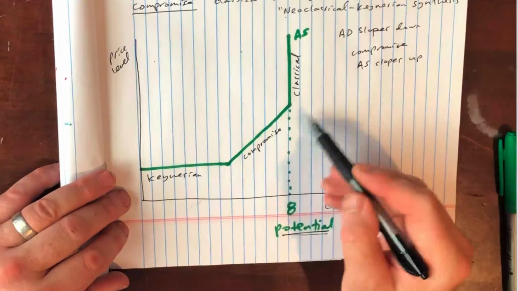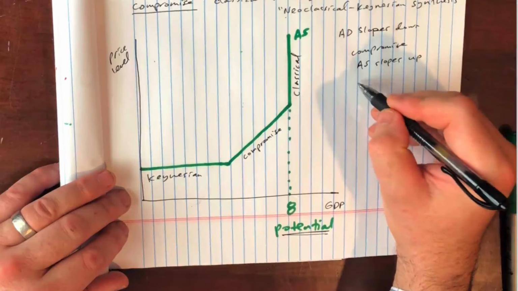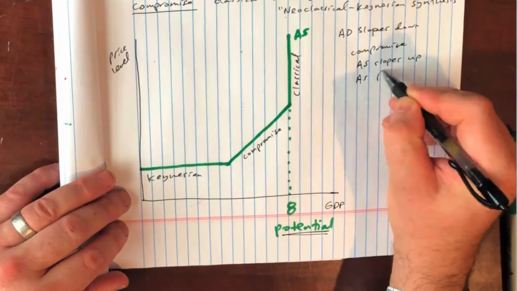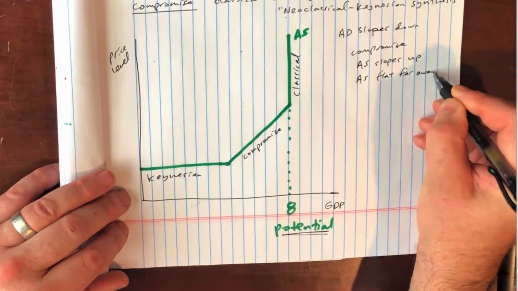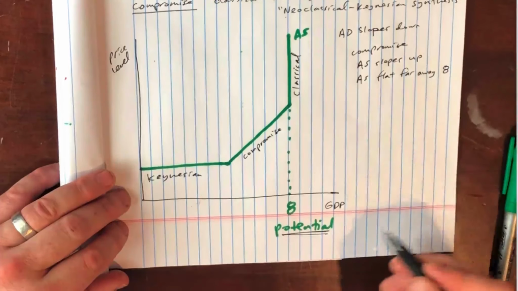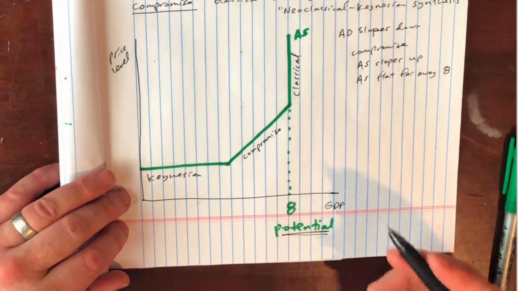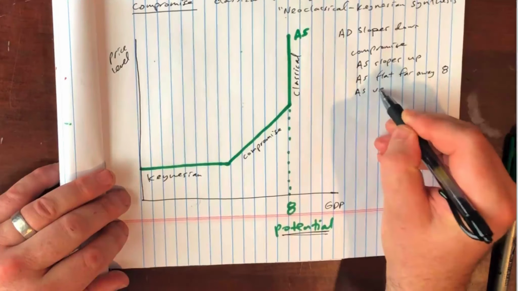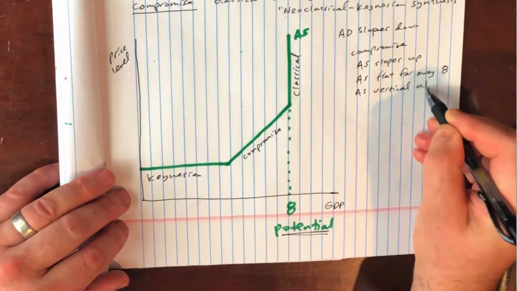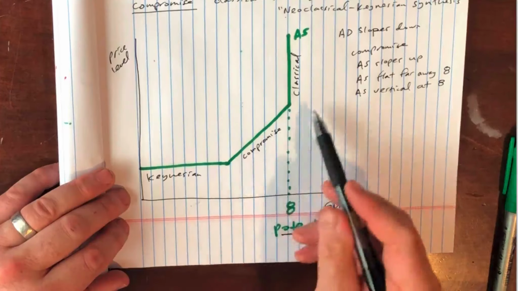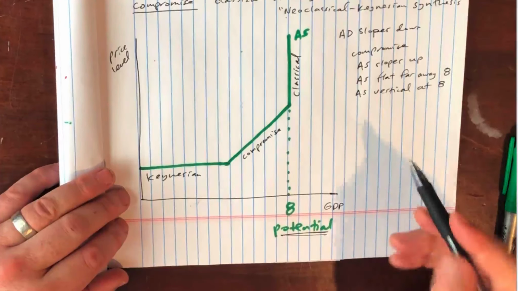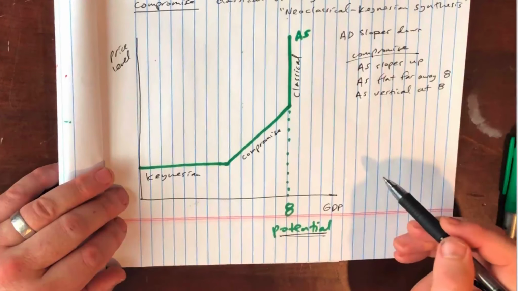We start to get upward sloping. Okay, so the compromise was to say aggregate supply is flat when we're far away from our potential. Okay, in this case 8, right? Aggregate supply is vertical at our potential, okay, at 8. But as we get closer to it, it begins to slope upward. And again, that is the compromise, okay?